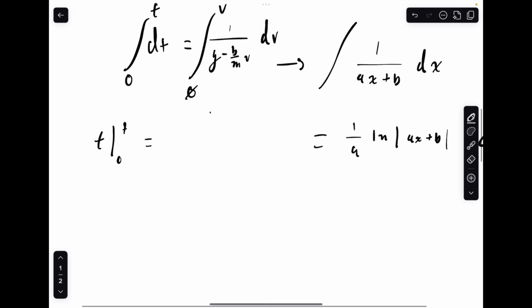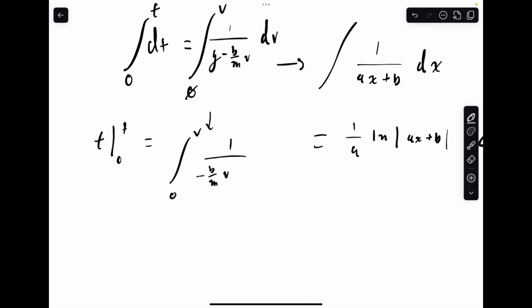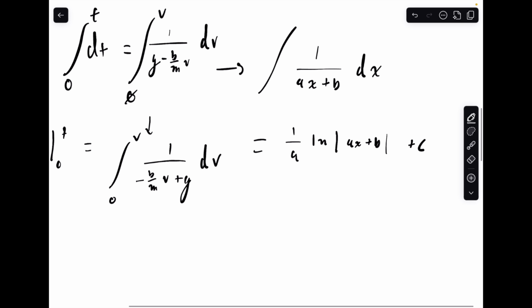I'll just transform this a little bit so you can see more what I'm talking about. This is going to be 1 over negative b over m v plus g dv. So these two are the same integrals; I just moved things around a little bit. What's our a in this situation? Our a can be positive or negative, and here it's negative b over m.